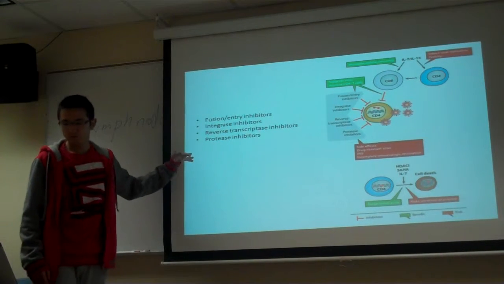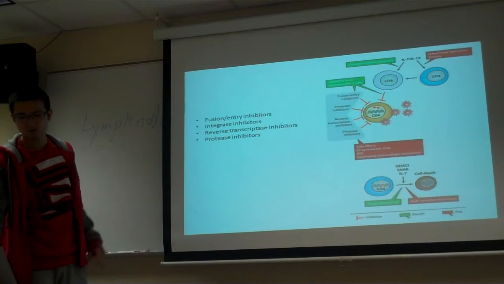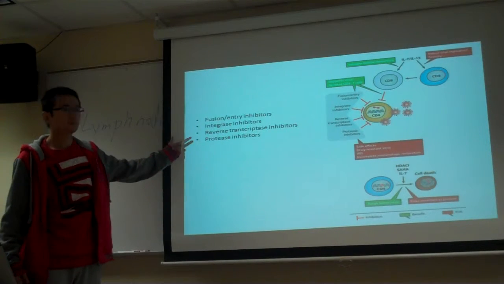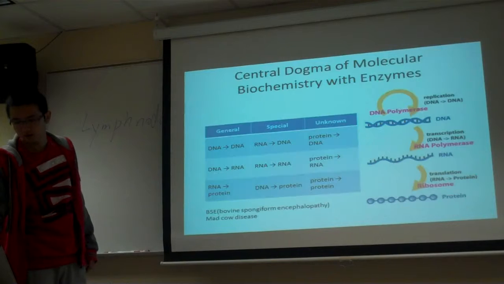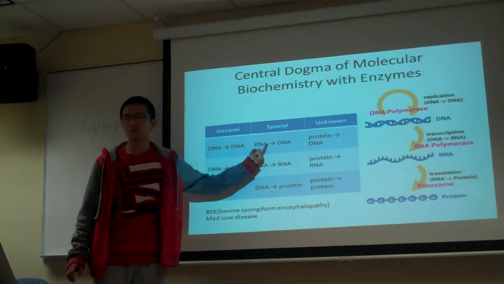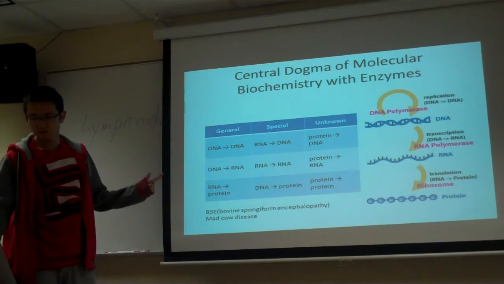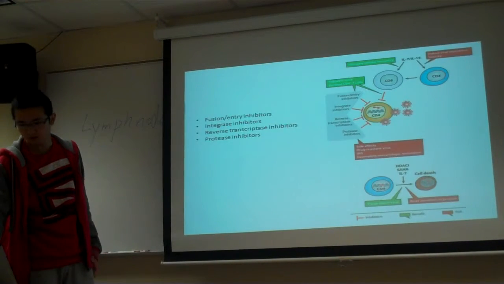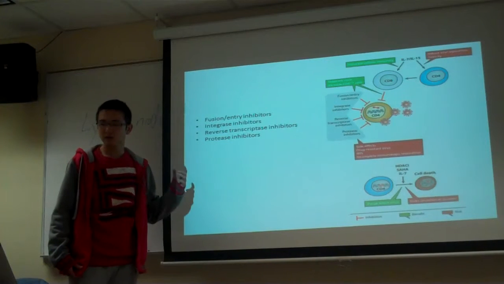The third one is reverse transcriptase inhibitors. Reverse transcriptase is another enzyme which helps HIV with the process of RNA to DNA. So there's another possible way to stop that process. And the last one is protease inhibitors.